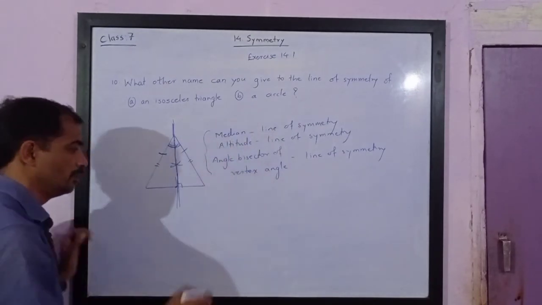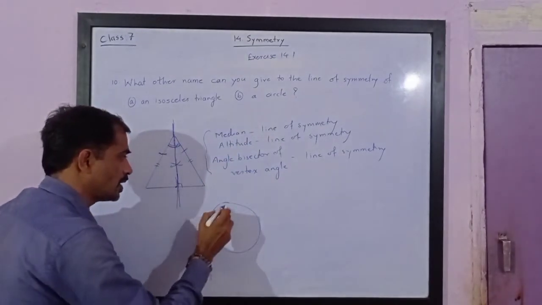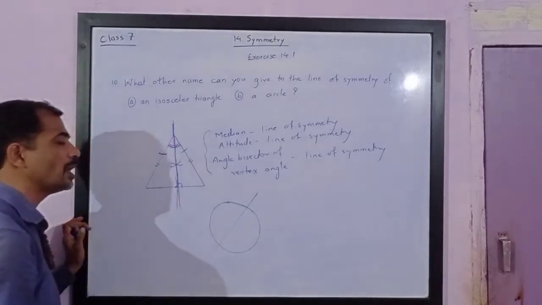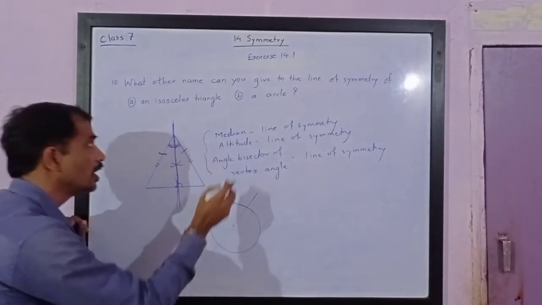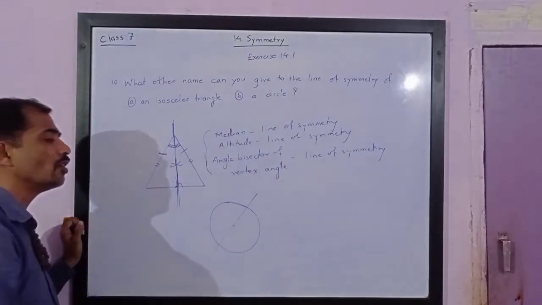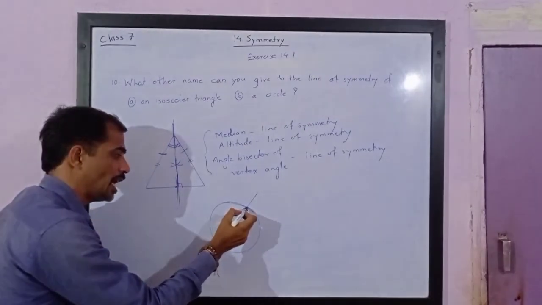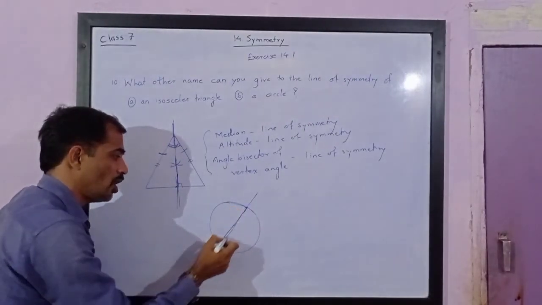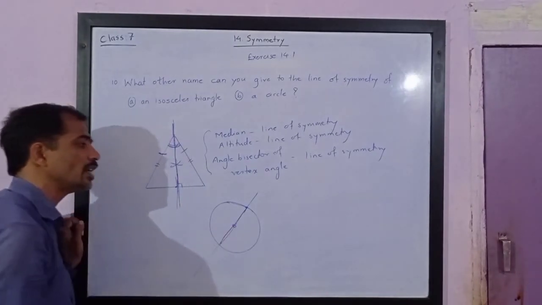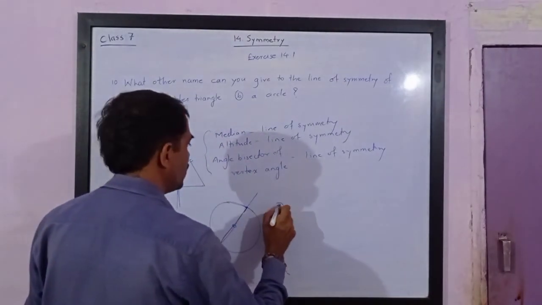And for a circle, you will notice, if you draw any line passing through the center, it will be a line of symmetry. And if this line joins 2 points on the circle and passes through the center of the circle, then we call it a diameter.